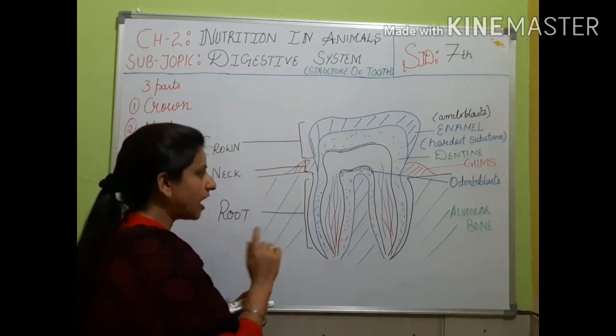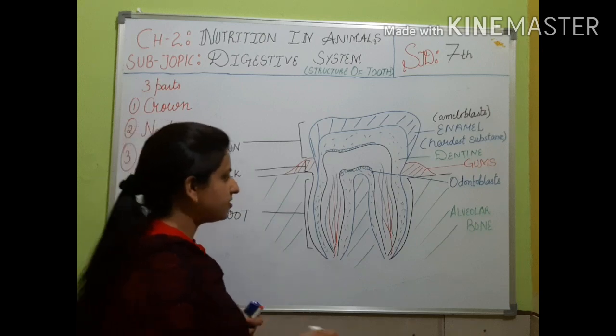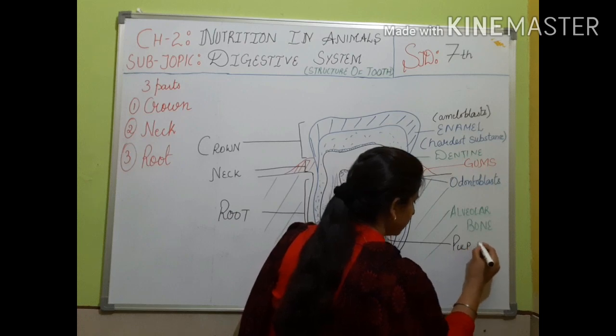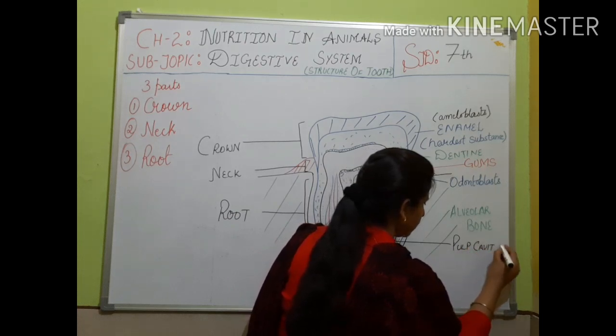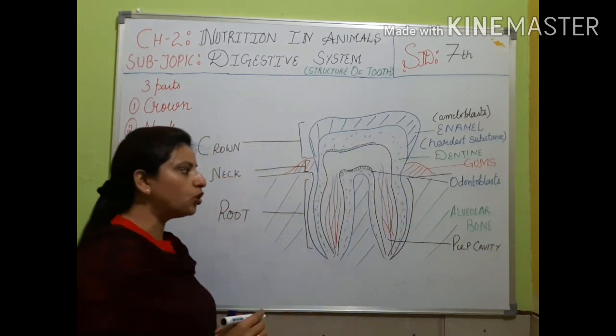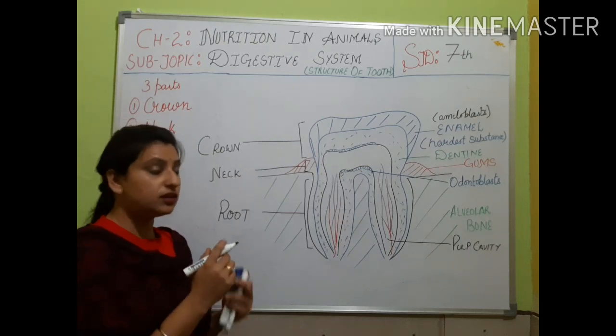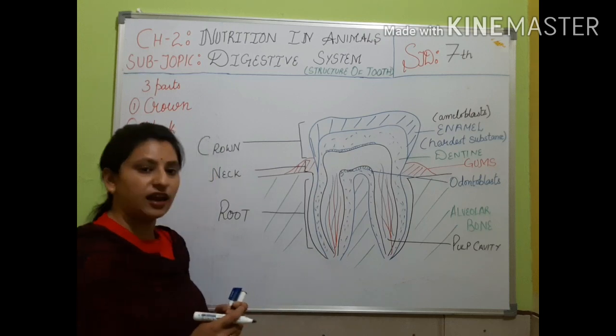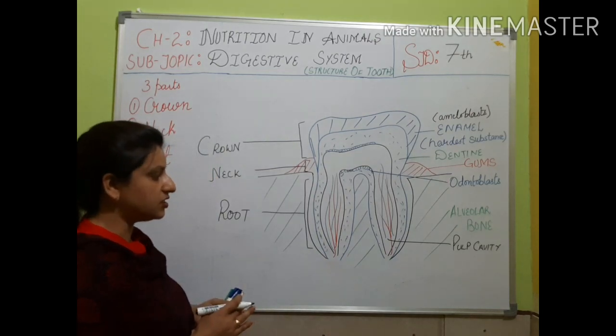This cavity is called the pulp cavity, and this is the only living part of the tooth. Why? Because it consists of both the blood vessels and the nerves.